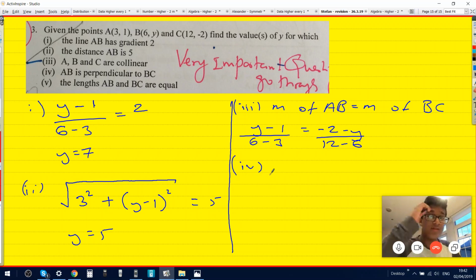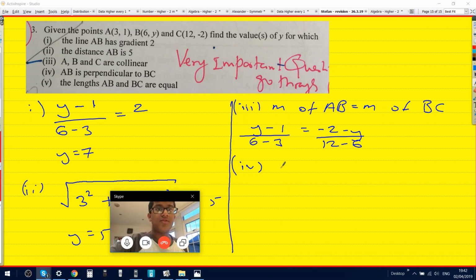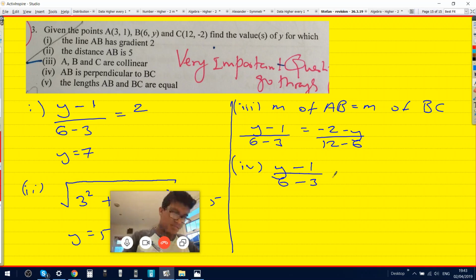Because you can just say, so what do you know about the gradients if they're perpendicular? Well, one of them is the negative reciprocal of the other. What might help is that when you multiply them, you get minus 1.